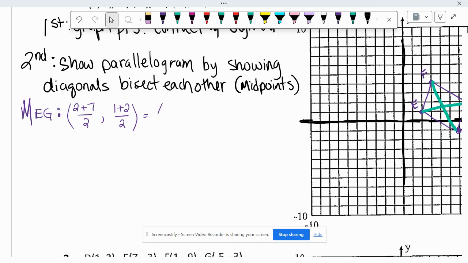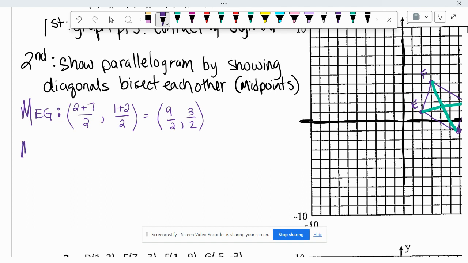Well, 2 plus 7 is 9. And 1 plus 2 is 3. I'm just going to leave it as 2 simplified fractions. So the midpoint of EG is the coordinate (9/2, 3/2).